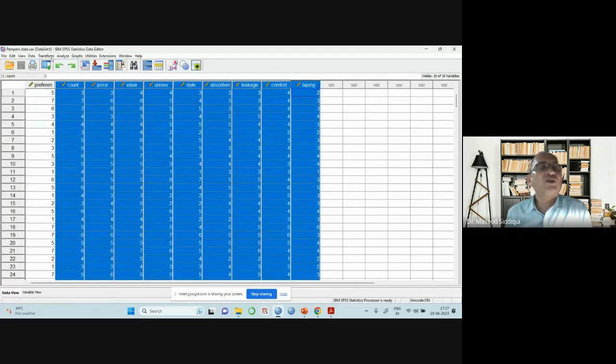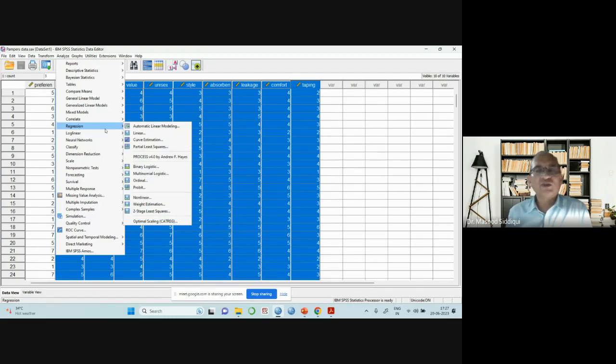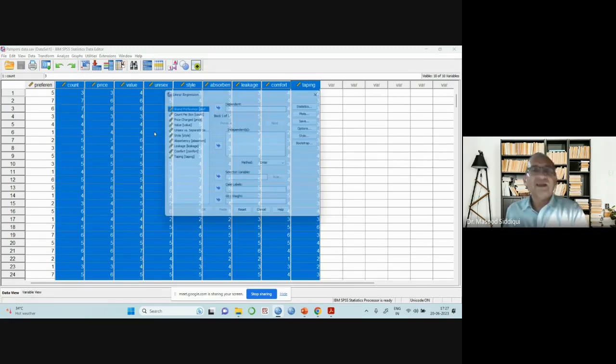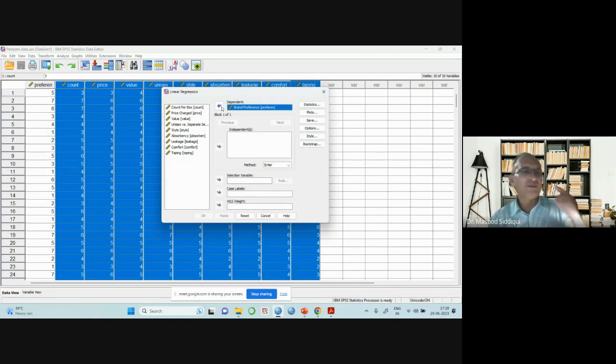So we go to Analyze, then Regression, and then Linear Regression. Only one dependent variable may be there. For more than one dependent variable, we can try either canonical correlation or structural equation modeling. That will be covered later on.